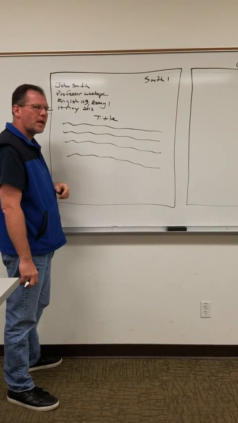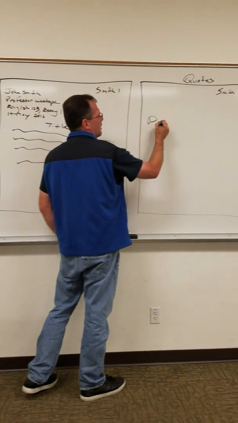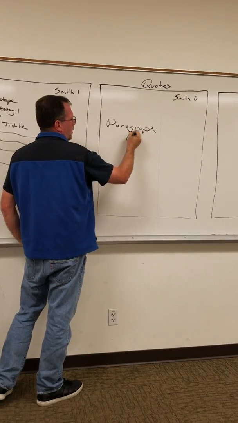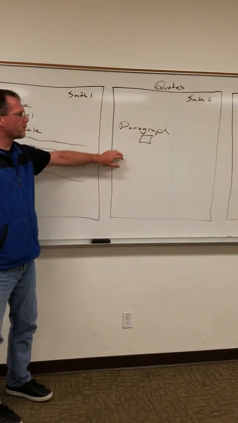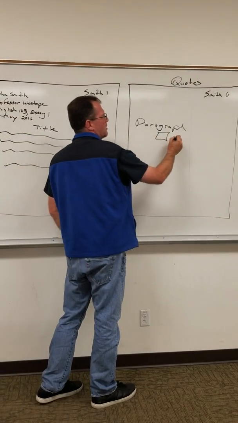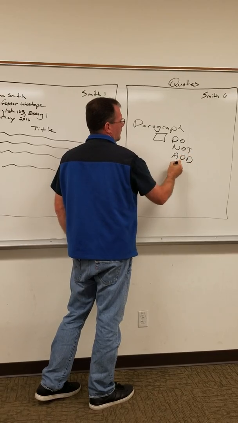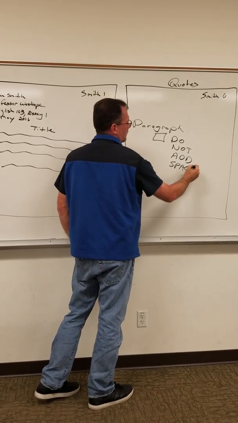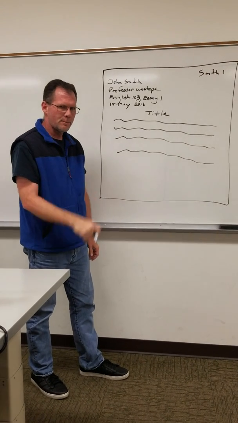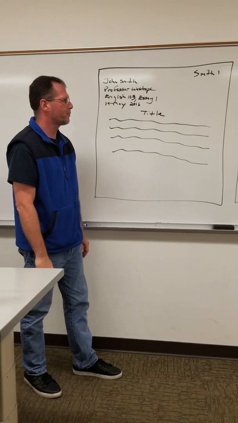If you are working in Word, for instance, under the paragraph tab, you'll see a box that says do not add spaces. So highlight that, have everything double spaced, and it should be good to go with regard to your spacing.